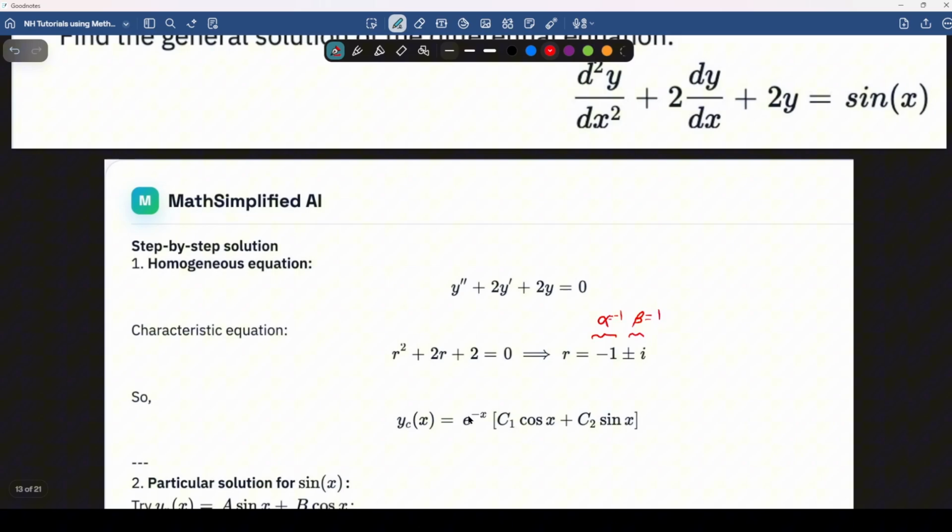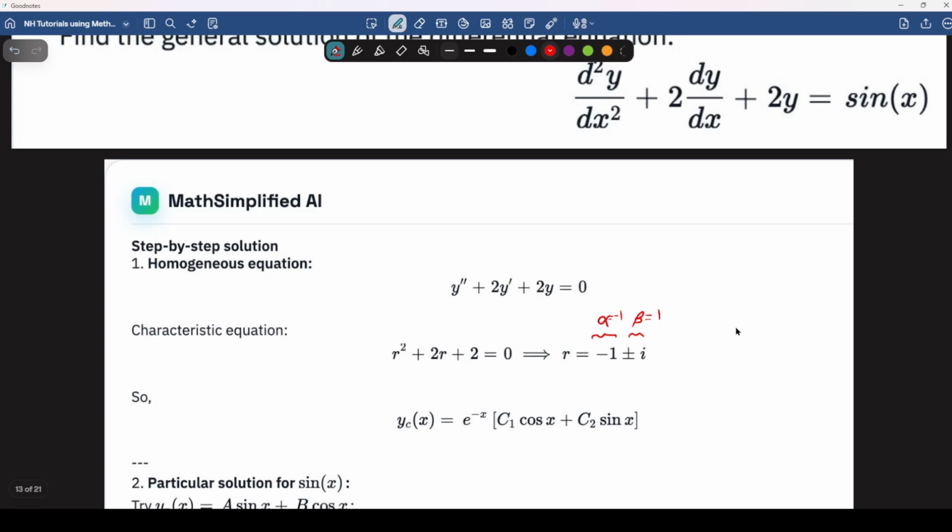And that's why the complementary function, yc, for the homogeneous part of this differential equation is equal to e to the power of negative x, the negative here being the alpha.